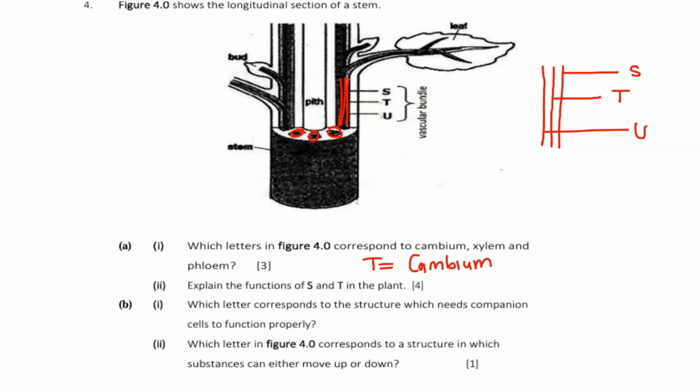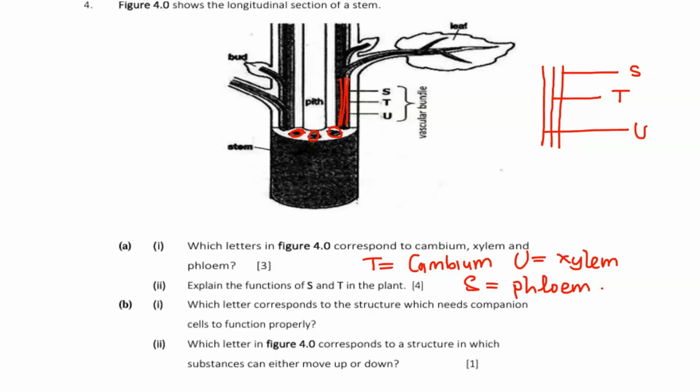Then the one that corresponds to the xylem is U, the inside part. Then S is the phloem. I'm answering this question according to the labels I've put here.